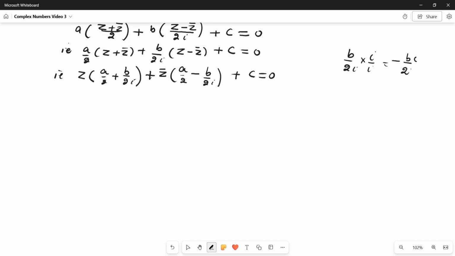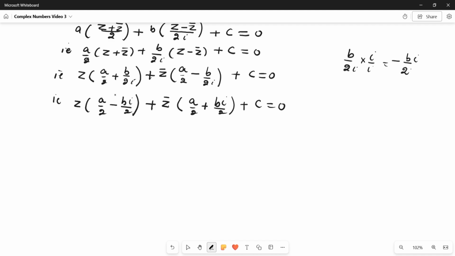So here we can write z into a upon 2 minus b iota upon 2 plus z bar into a upon 2 plus b iota upon 2 plus c equal to 0.